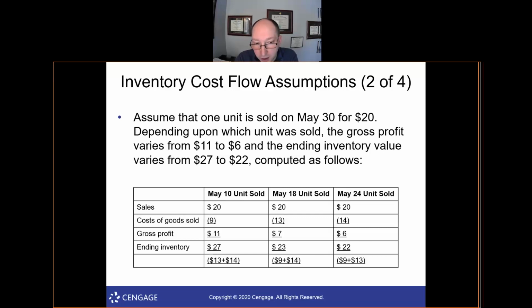You can see that that $11 is higher than the other two mugs. So I sell it for 20. Gross profit's 11. Ending inventory is 27. The inventory is going to be higher than the other two, right? Because remember, I just sold the one I paid the least for. Does it make more sense?